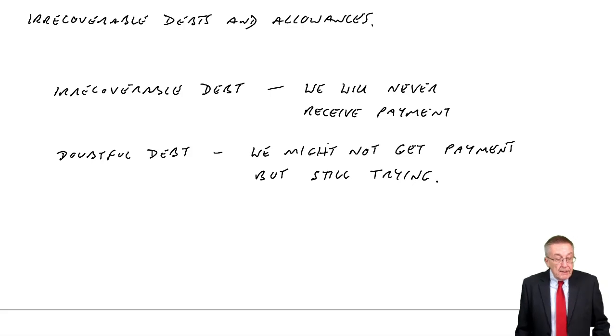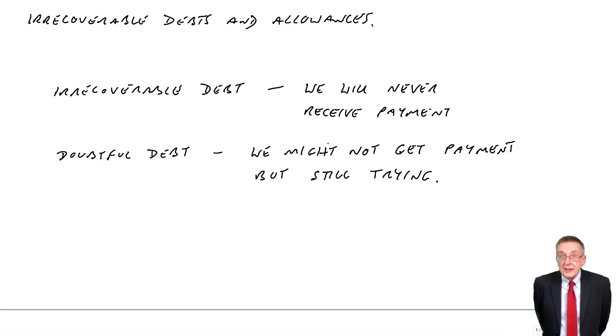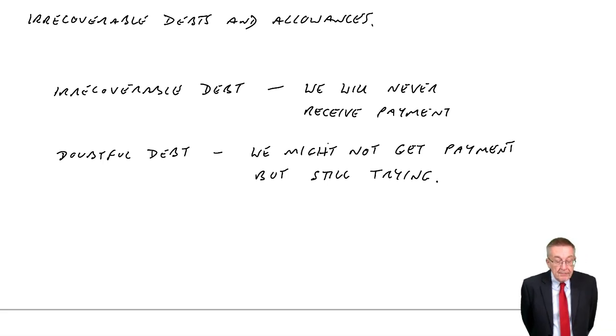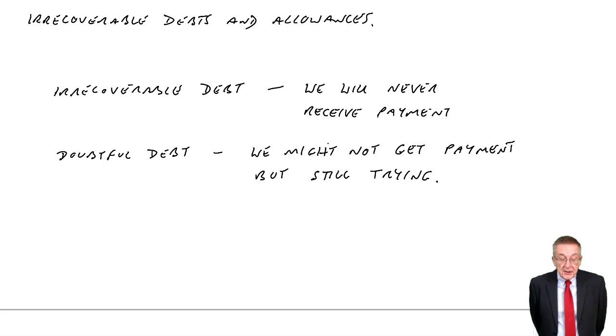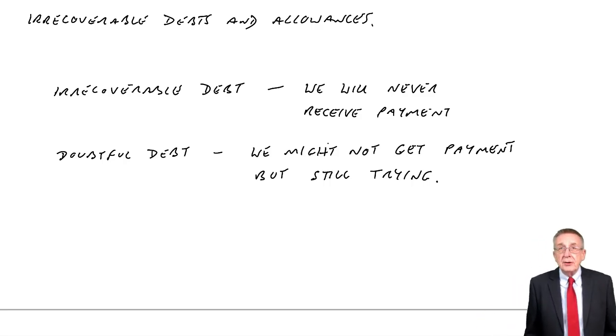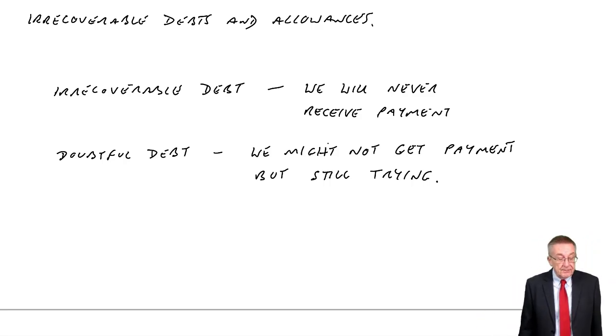And to explain, look at example 1 on the second page and have a read with me. It says at the end of the first year of trading, there's a balance on the receivables account of $62,500. So there's the total we're owed, and of course that total would be made up of several individual customers.